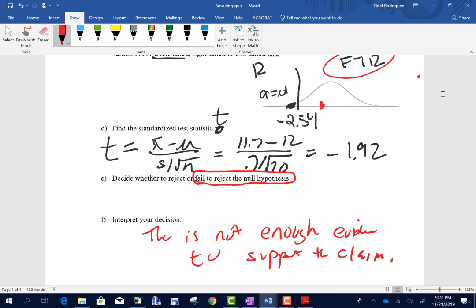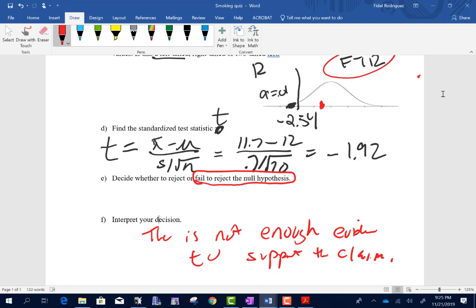Give me one second. We actually didn't use this formula, but think about it this way. If instead of a t critical, suppose those were Z values, and I already knew that my alpha was 0.01.